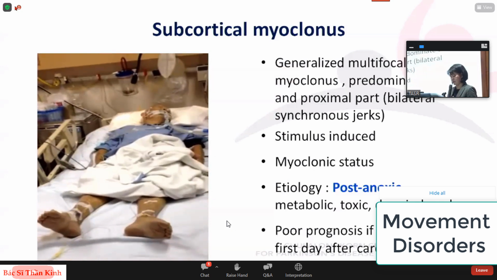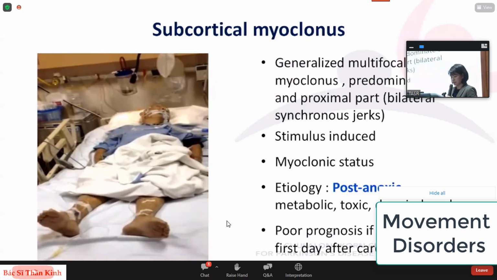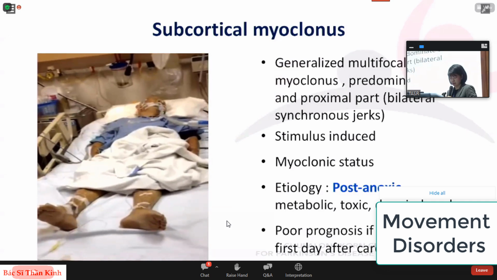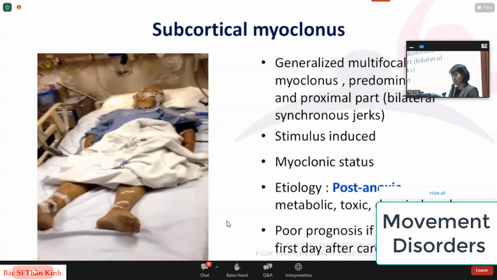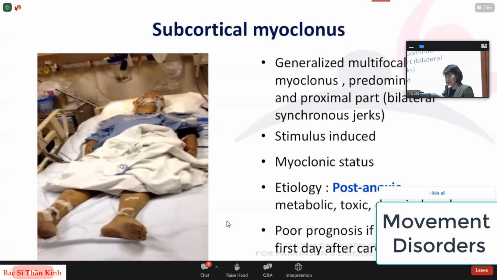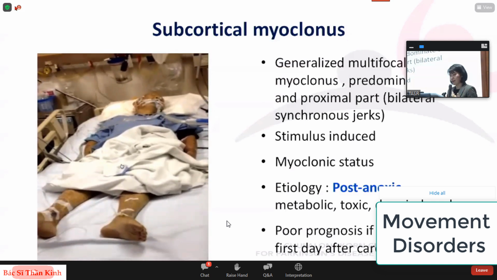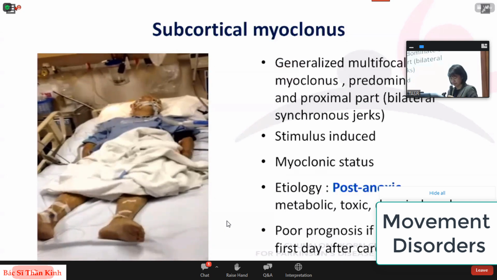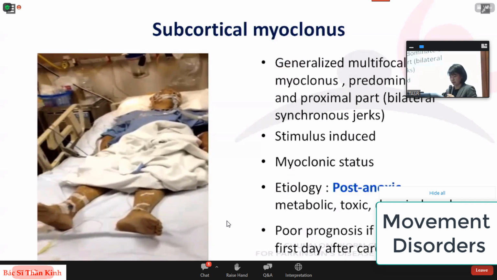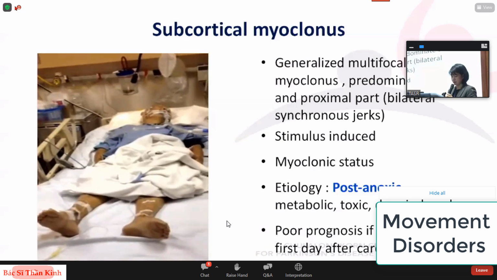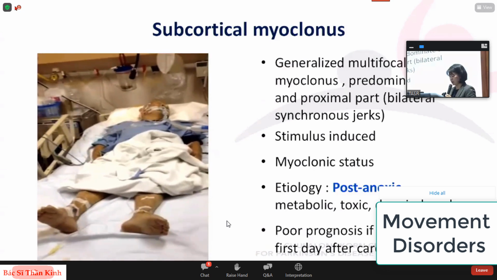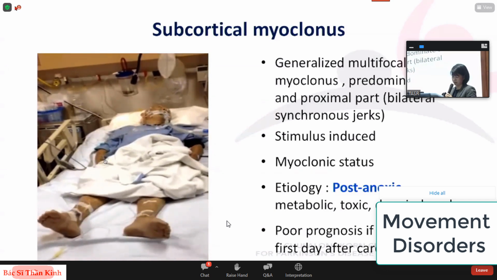After that, this patient developed a jerky movement like this. It's usually generalized multifocal myoclonus, maybe predominantly axial and sometimes the proximal part of the arm and leg. And this is post-hypoxic myoclonus, which carries a poor prognosis in patients with cardiac arrest.